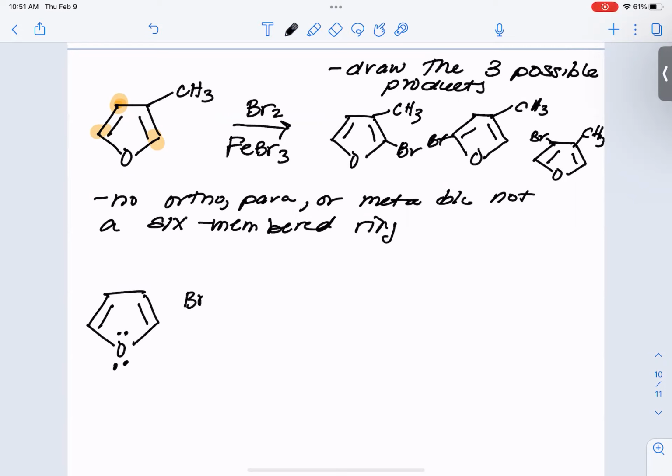Again, you just have to draw the electrophile. So the pi electrons go after the electrophile. I'm going to add the Br to the top carbon. So that means my positive charge is there on the bottom.